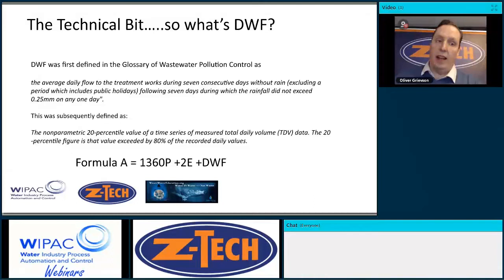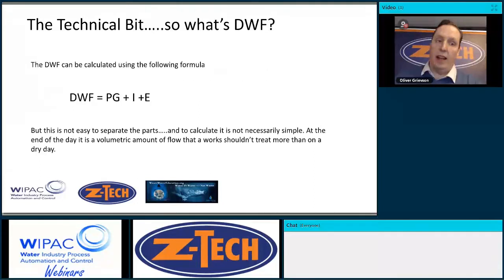And actually, if you look at PG, you roughly know your population by counting the number of houses. But then again, if there are any void houses, you don't know. And then G, which is the per capita consumption, we can take from our clean water colleagues, times it by 90%.